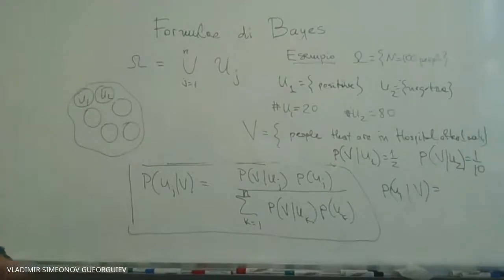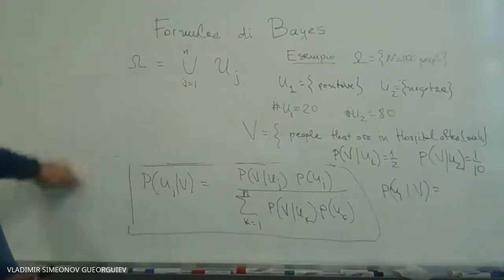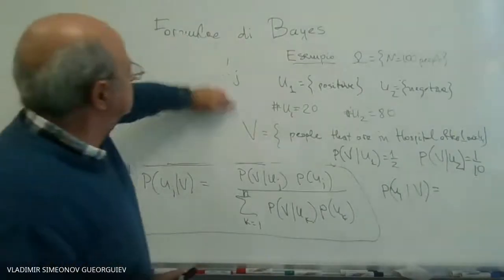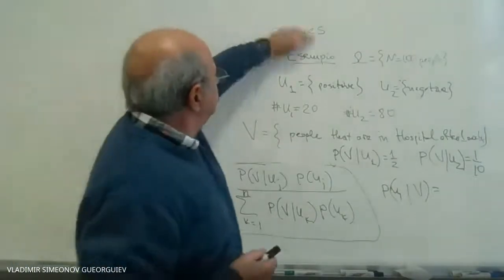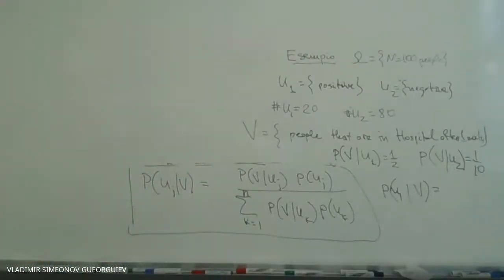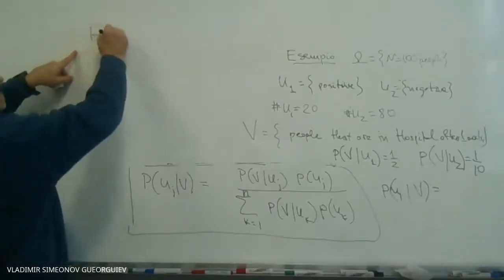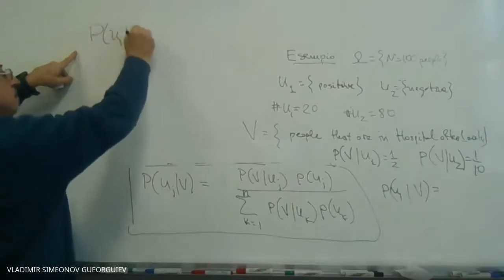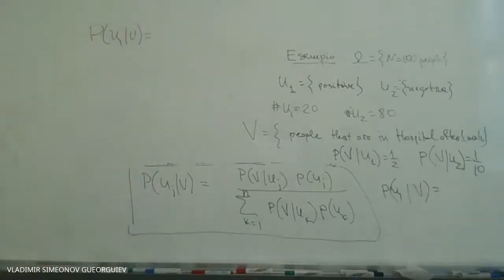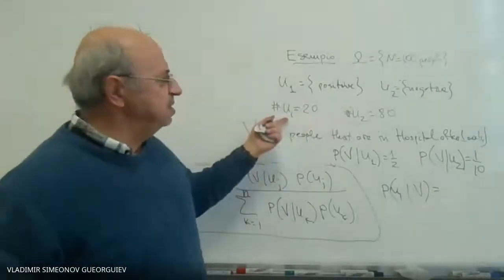Okay, if this is clear, I shall clean this part of the blackboard, because this decomposition already is formally Bayes already is written. So we are starting to write here P of U1 under V. Of course, we shall need also P of U1 and P of U2, but P of U1 is clear.